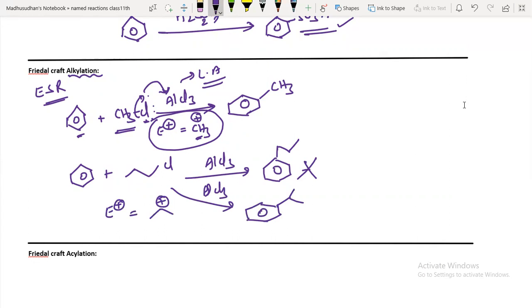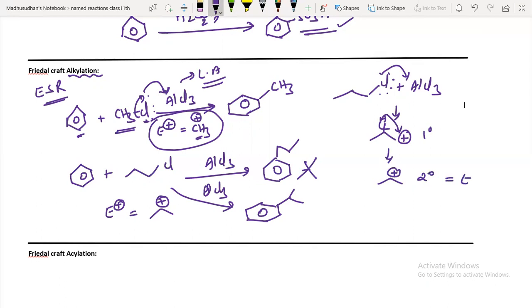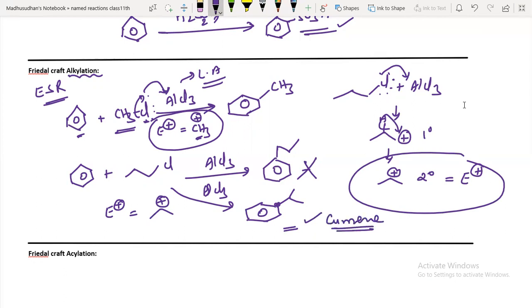After removal of chlorine on reaction with AlCl3, you will first get a primary carbocation, but it is unstable, so a hydride ion shift takes place. You will get a secondary carbocation, and that is the electrophile that attaches at the benzene ring. The product formed is isopropyl benzene, also called cumene.